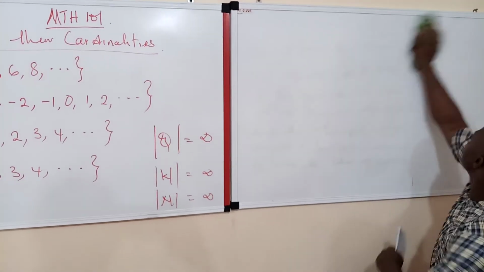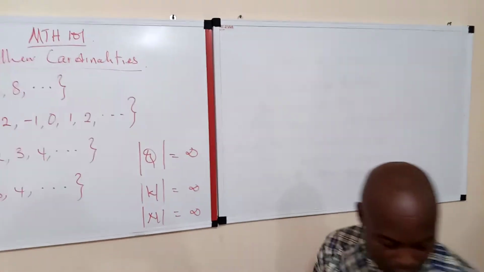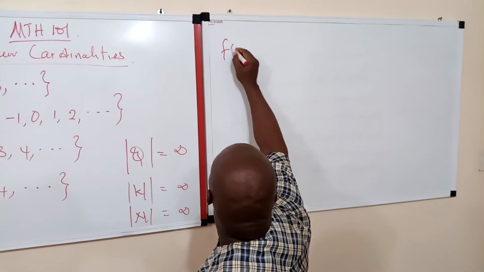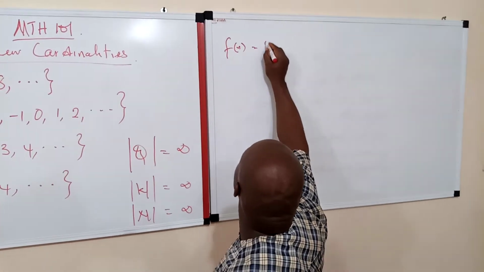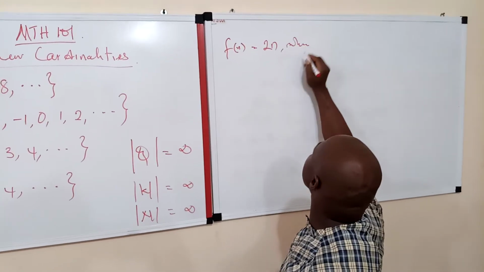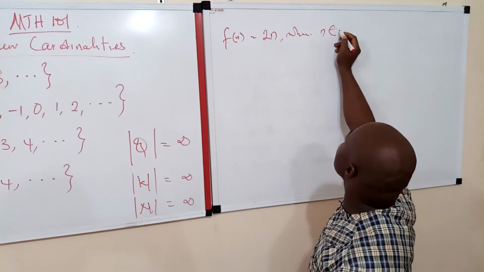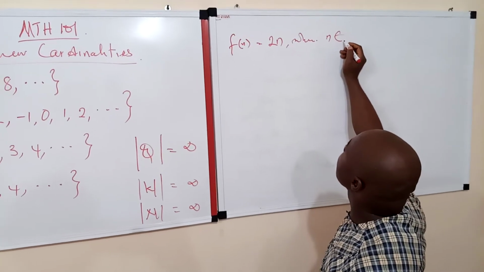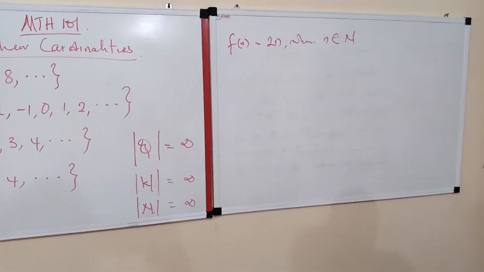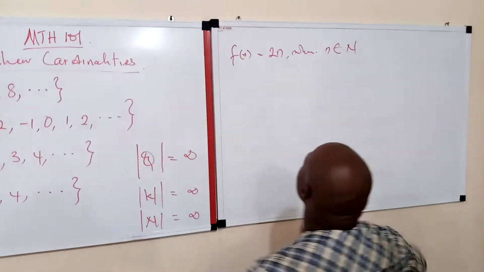Now let's consider a function f of n equals 2n, where n is an element contained in the set of natural numbers, where n takes values from here.